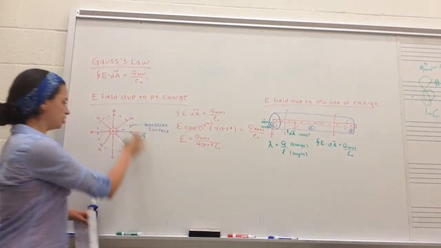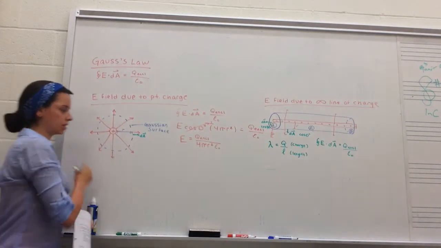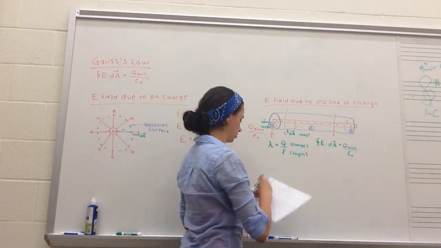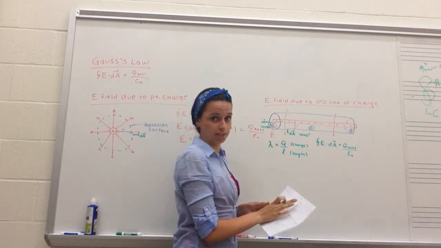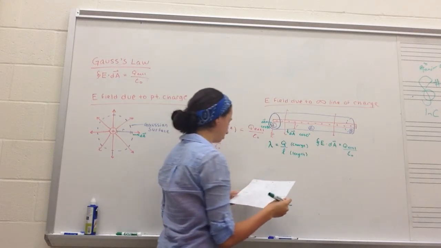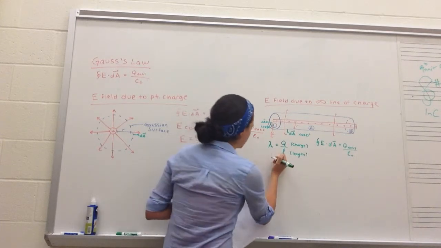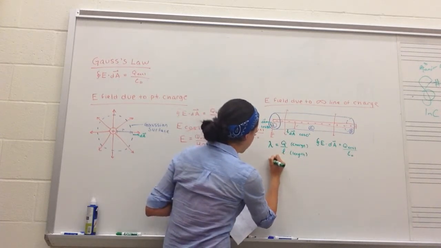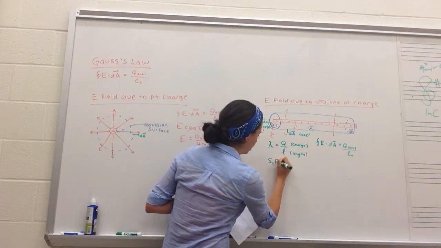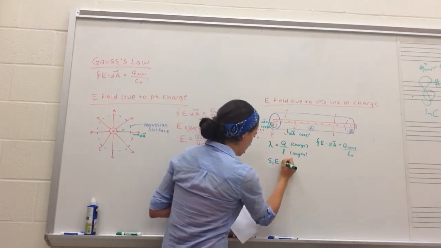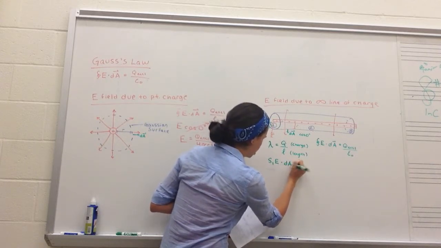Here, we just had one uniform surface, but here we need three different integrals because we have three different surfaces. It's not as bad as it sounds because two of them end up going away. So we're talking about the electric field in surface 1 dot dA.